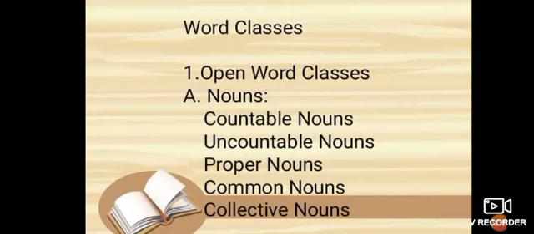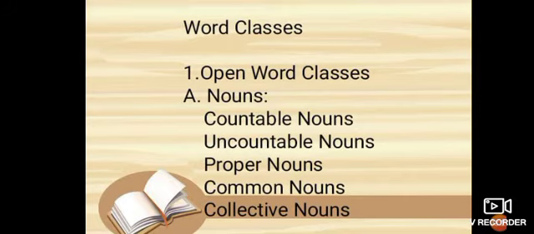A word that denotes the name of a person or place or thing or animal is called a noun. For example, Ram, Krishna, king, cat, doll, etc. Nouns are classified in the following manner. The nouns are divided into five parts.